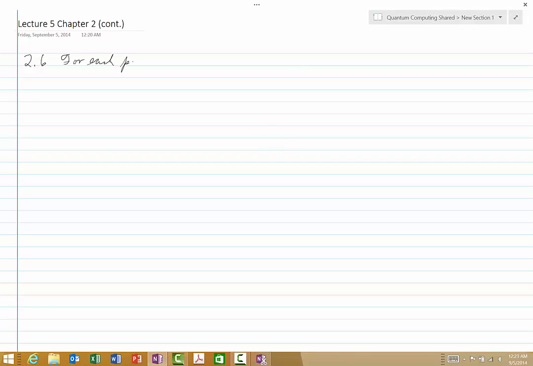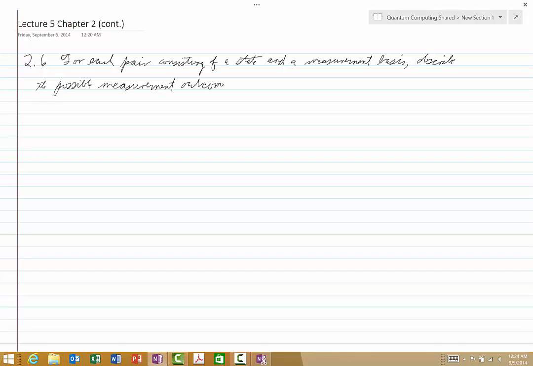It says, for each pair consisting of a state and a measurement basis, describe the possible measurement outcomes and give the probability for each outcome.